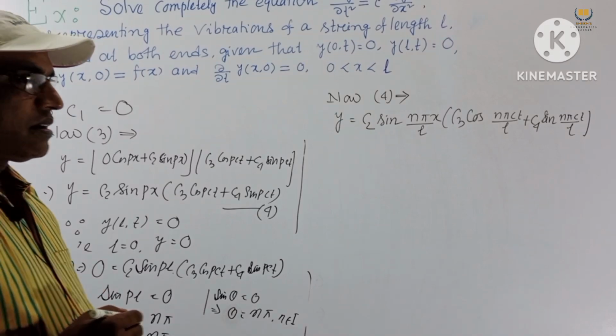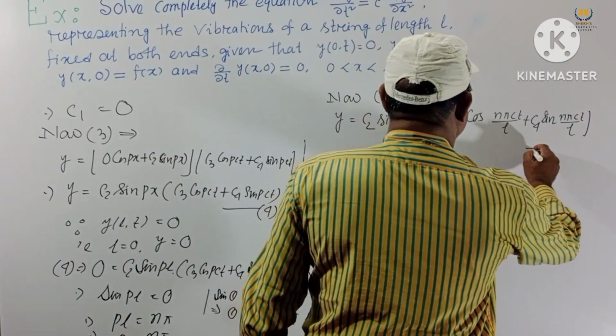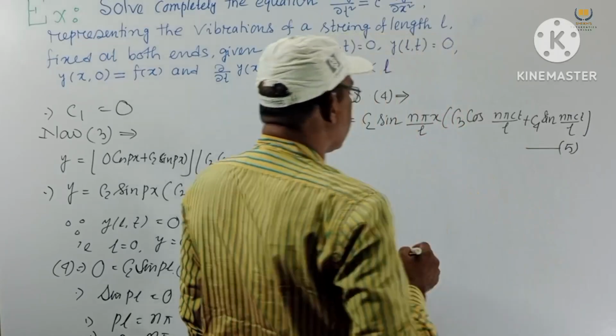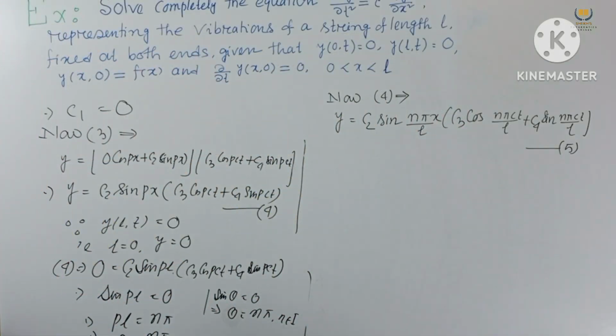Now this is 4, this will be 5 we consider. This is number 5.